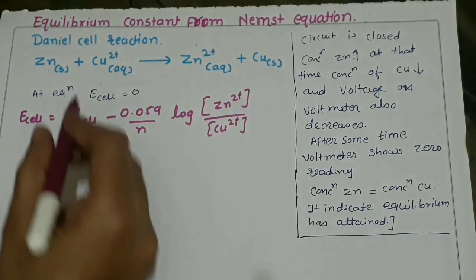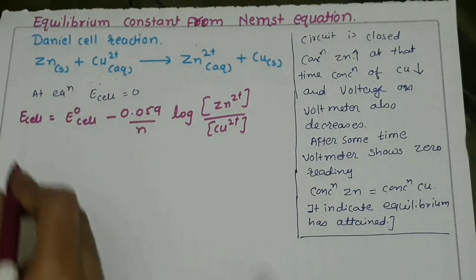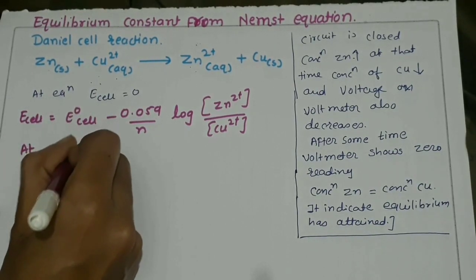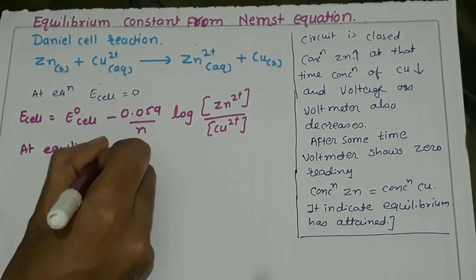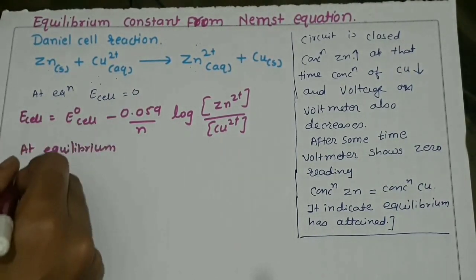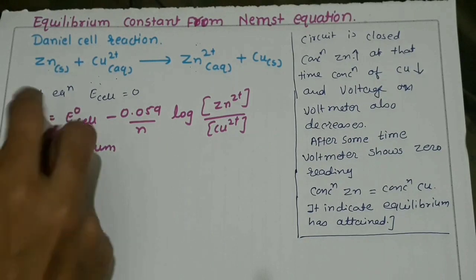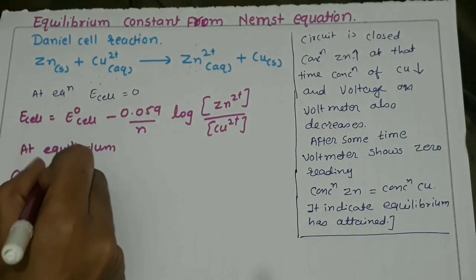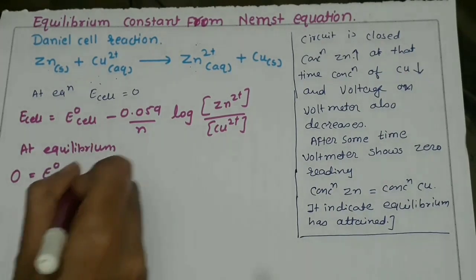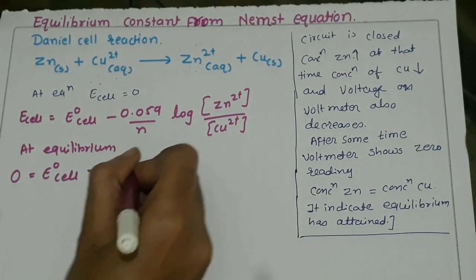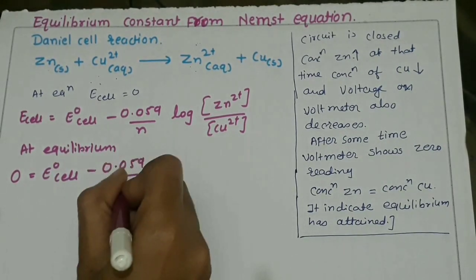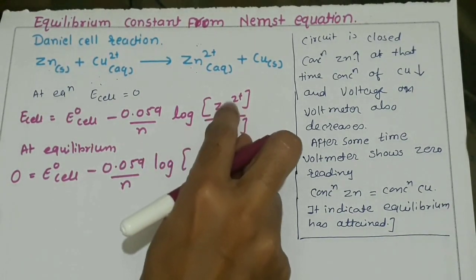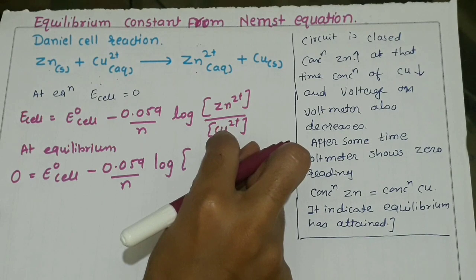Now, as we know, at equilibrium E of cell is equal to 0, therefore I wrote here 0, so E naught of cell minus 0.059 upon n log of Zn2+ upon Cu2+.